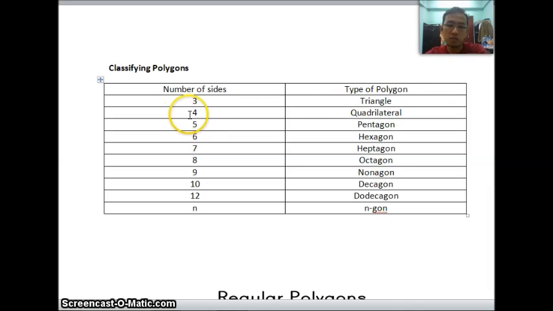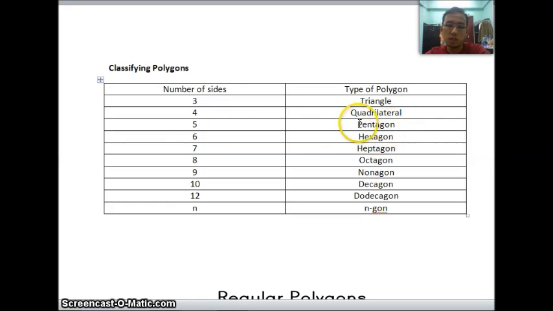A polygon which has 4 sides will be called a quadrilateral. Continuing from that will be 5 sides or more.